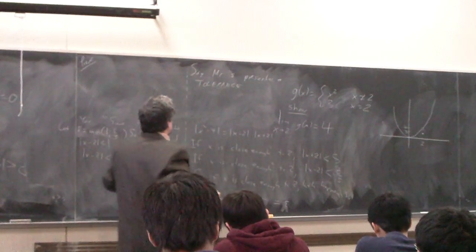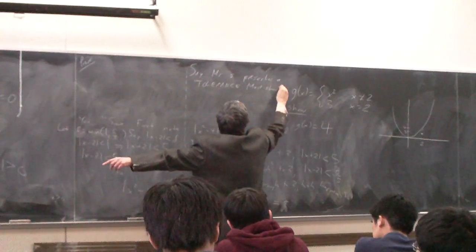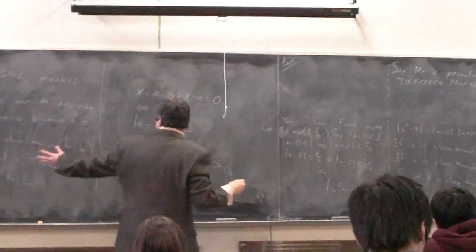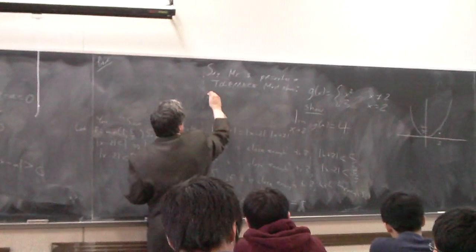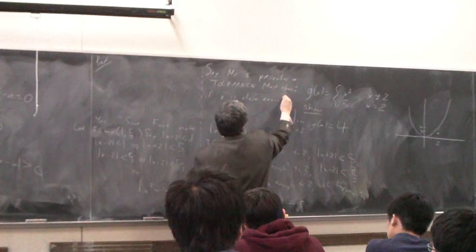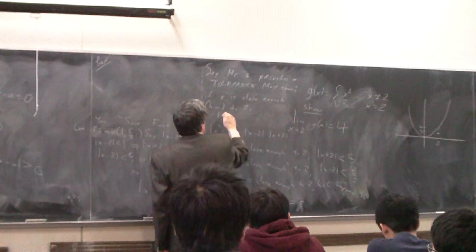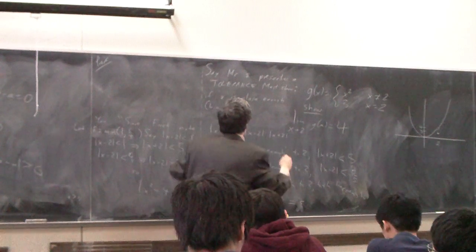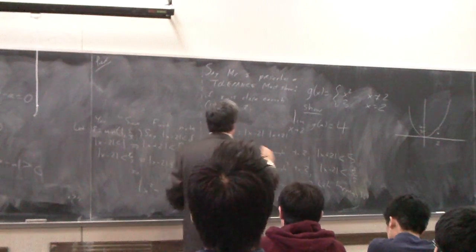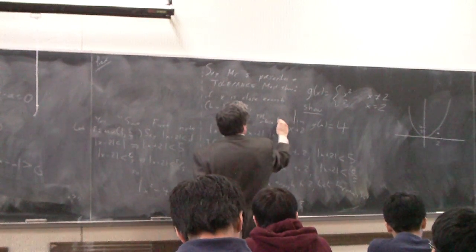Say Mr. Epsilon prescribes a tolerance, we must show whatever it is: if x is close enough to 2 but not equal to it, then g of x is tolerably close to 4.